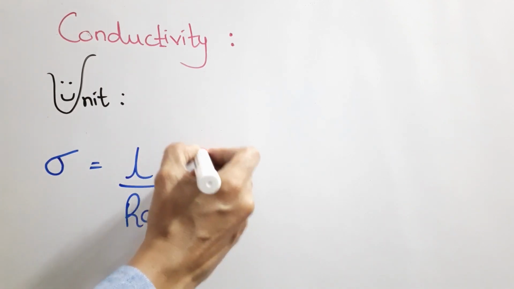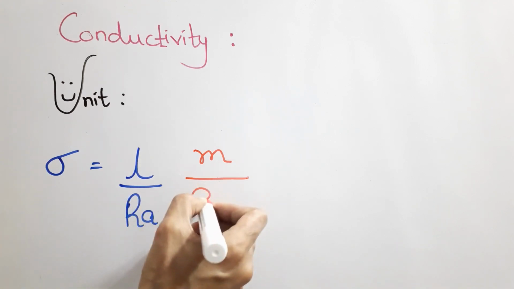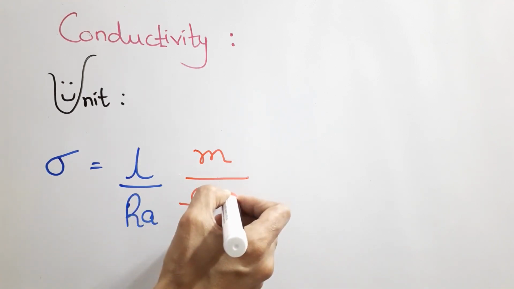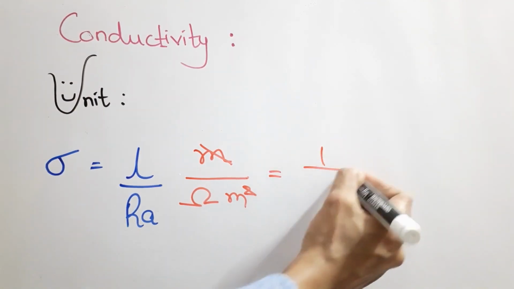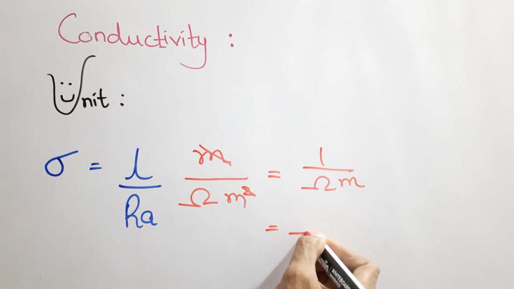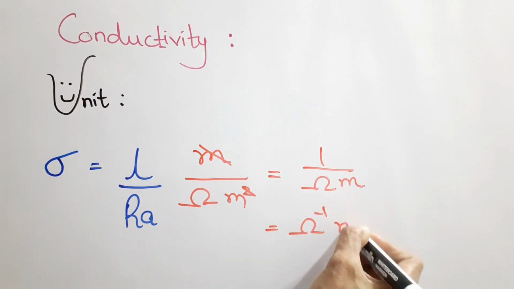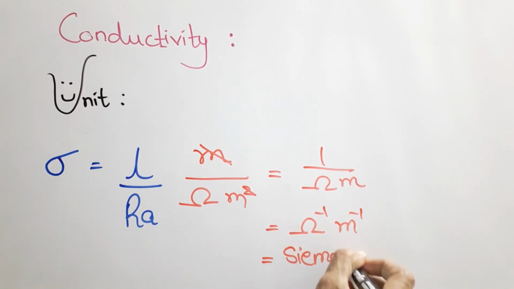Length is measured in meter, division sign, resistance is measured in ohm and area is measured in meter square. So meter gets cancelled off and we are left with 1 upon ohm meter. So in other terms, I can write ohm inverse meter inverse, or we can write Siemens meter inverse.